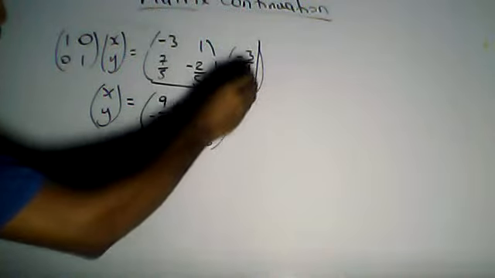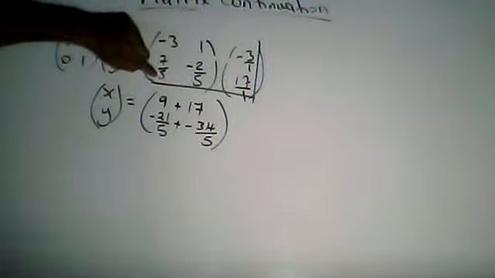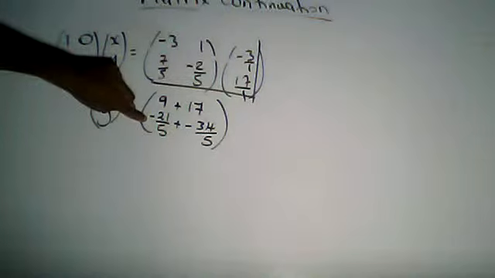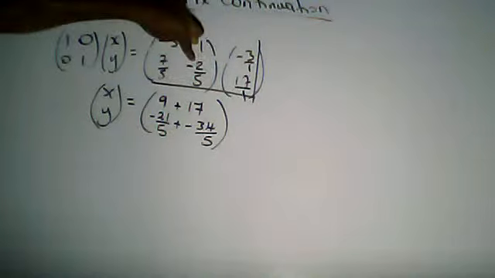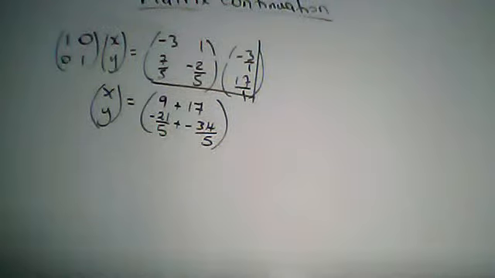The denominator for this negative 3 is 1. The denominator for this 17 is also 1. So it's 7 over 5 times negative 3 over 1. So that's negative 21 over 5. And here, we're going to have negative 2 times 17. That's going to give me negative 34. 5 times 1, 5. Everybody understand so far?